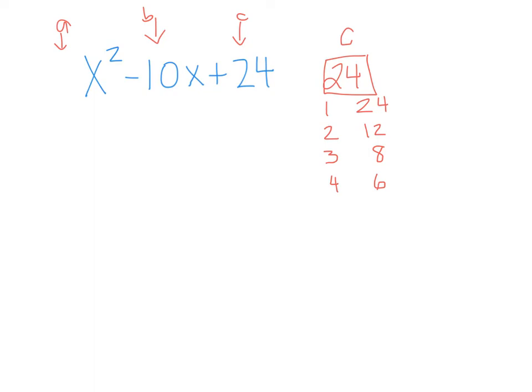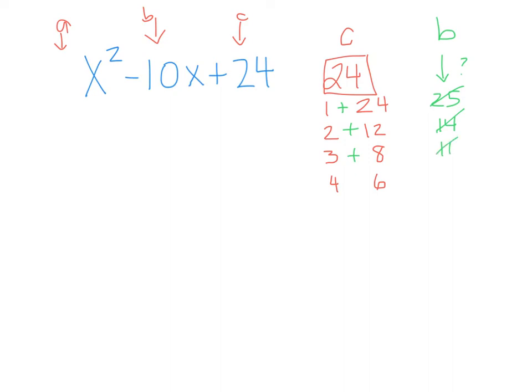And now the question is, how can we get our B value when we add them, right? So does 1 plus 24 give us our B value? Well, 1 plus 24 is 25, so nope. How about 2 plus 12? Well, 2 plus 12 gives us 14. Nope. 3 plus 8, well, 3 plus 8 is 11.